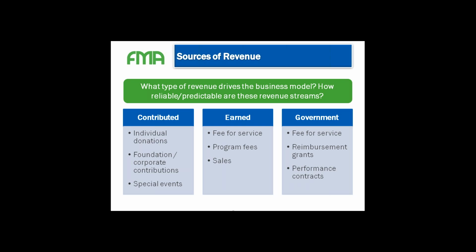On the contributed side, you can see that individuals, foundations, corporations, those are all the different types of revenues. And the question here is, how will our dashboards let us know if we're meeting those goals? And I would say that with the foundation and corporate contributions, one of the areas that we find to be very, very helpful is this concept of risk assignment or probability factors.